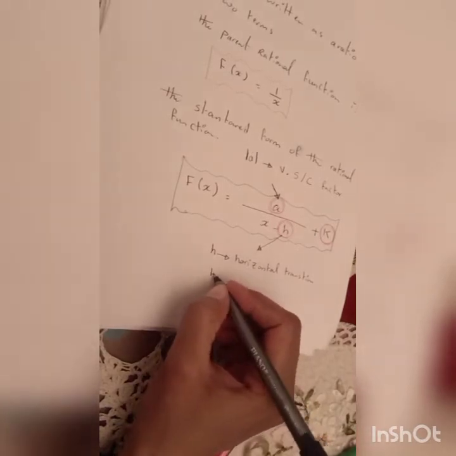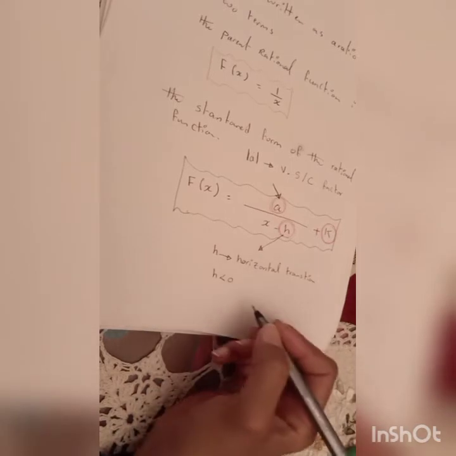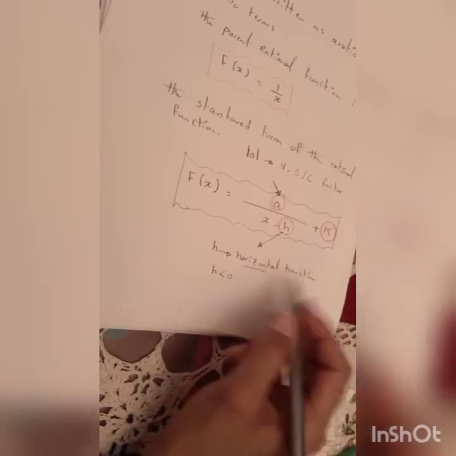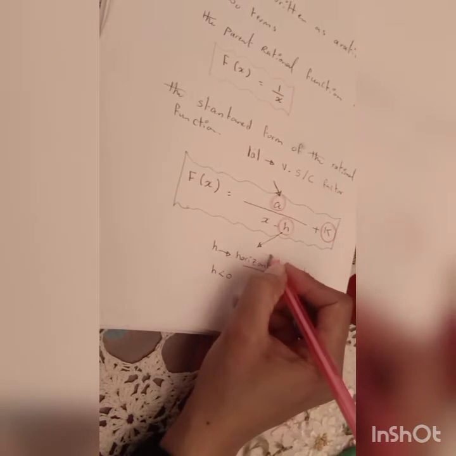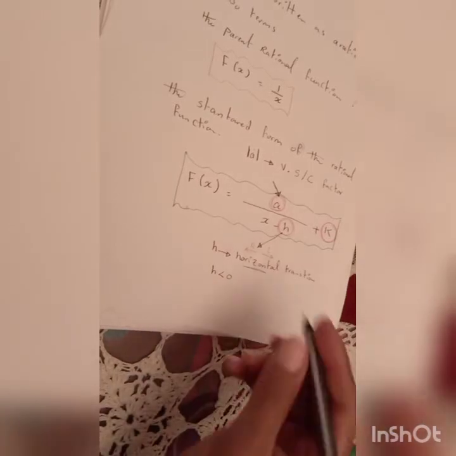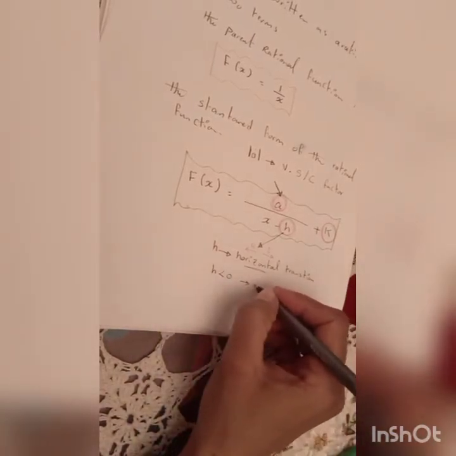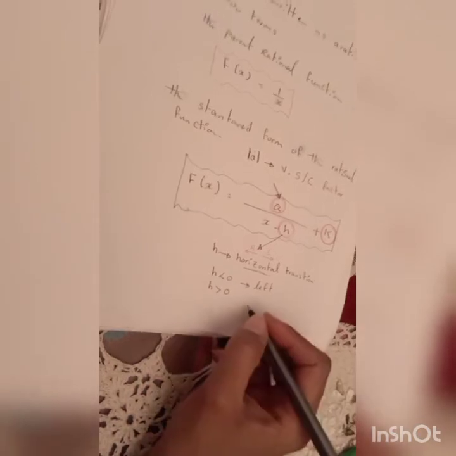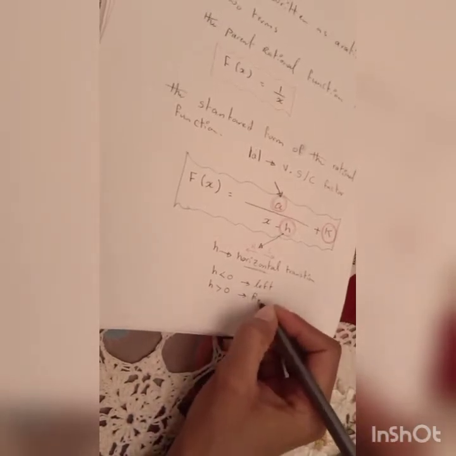If h is smaller than 0, the graph will translate left. If h is greater than 0, the graph will translate right.